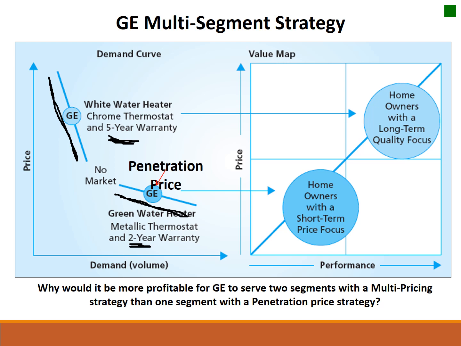So what GE would do in this particular case is develop a marketing plan for this market, which would include a specific product at a price with a marketing plan associated with it. And then they would do a second marketing plan targeting the second market as well, and make an effort to treat both markets separately and penetrate both markets as they can.